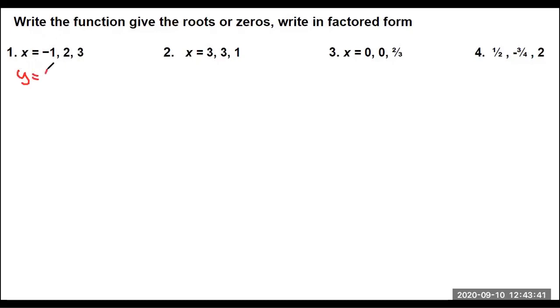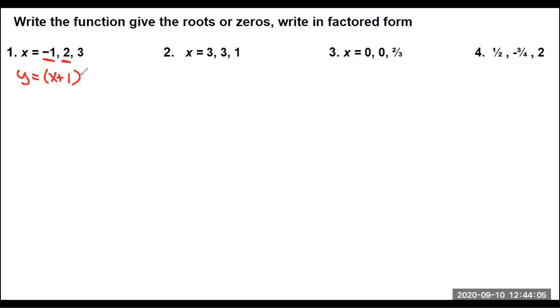What would the factor be that would make x equals 0 be a -1? What should I put in here? X what? Plus 1. If I put in a +1, and think about it, if I said, what are the zeros, you would say it's a -1.